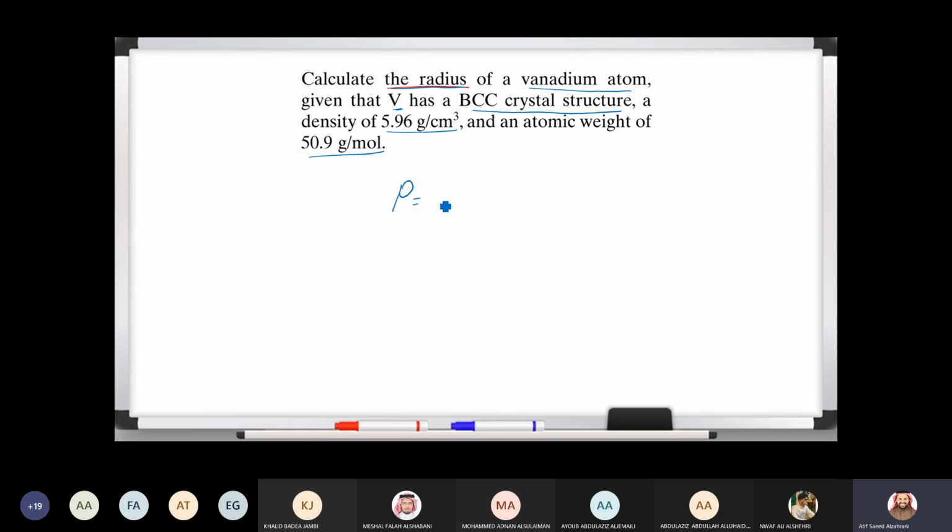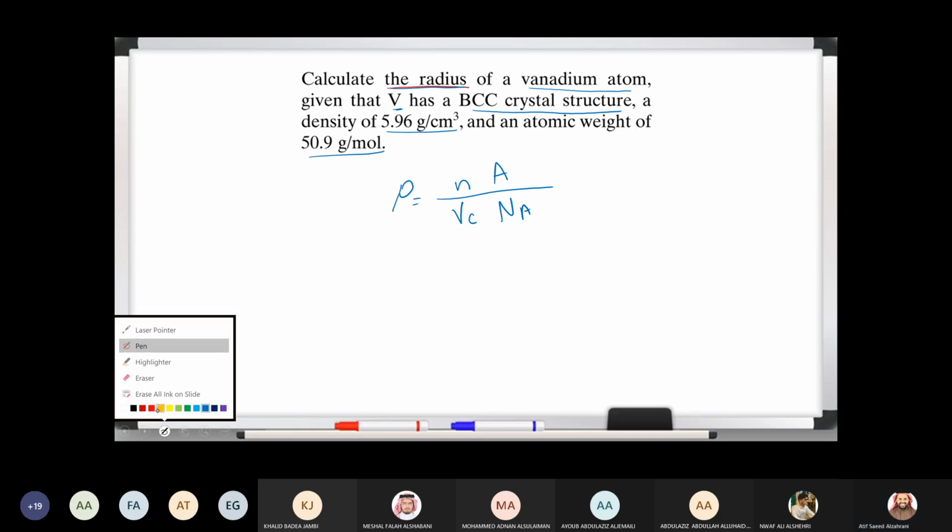So the density is equal to nA over VC NA. Here, rho is the density, N is the number of atoms per unit cell, A is the atomic weight, VC is the volume of the cube, and NA is the Avogadro number.